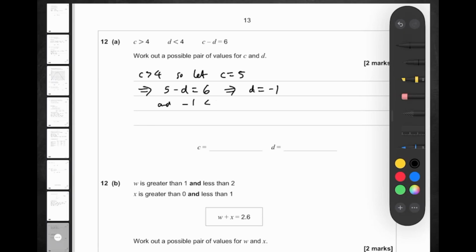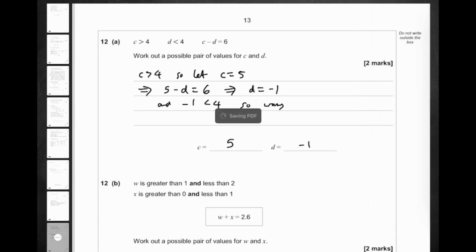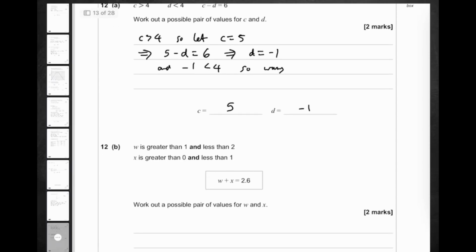And minus 1 is less than 4. So, works. So we're going to go for C equals 5 and D equals minus 1. There's no stipulation that it needs to be a positive number. So we are done, but there are many different options for this. C could be 6, D could be 0, C could be 7, D could be 1, all the way up to D being 3, because it can't be greater than 3.